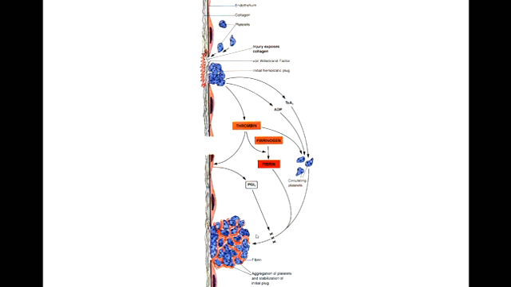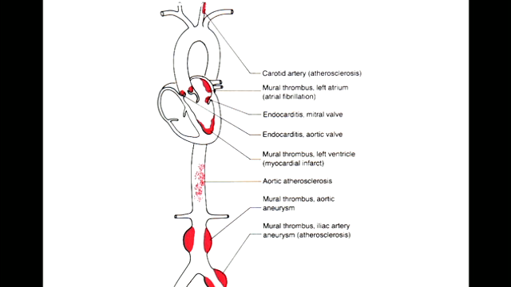So, exposure of collagen or injury to cells of the endothelium can actually stimulate the coagulation cascade and can end up forming small thrombi first, and then they can get bigger after that.